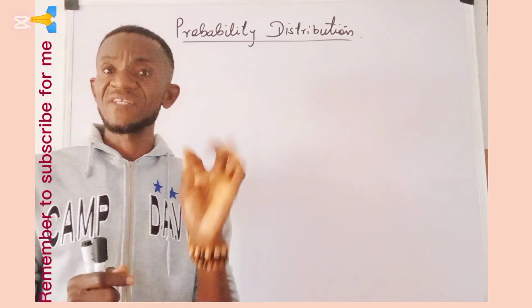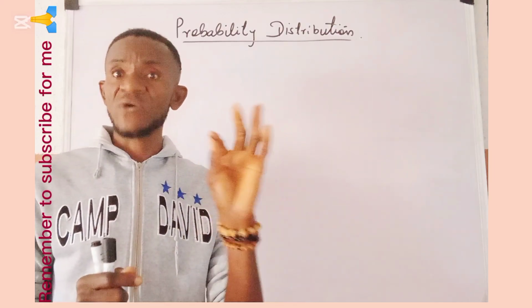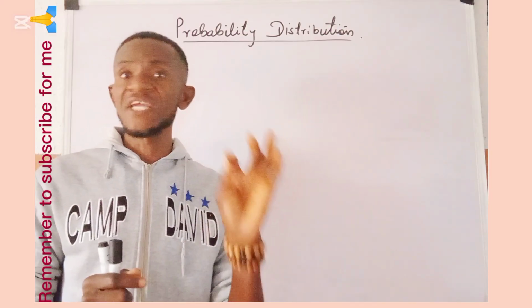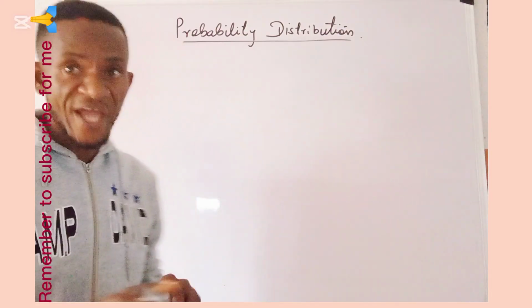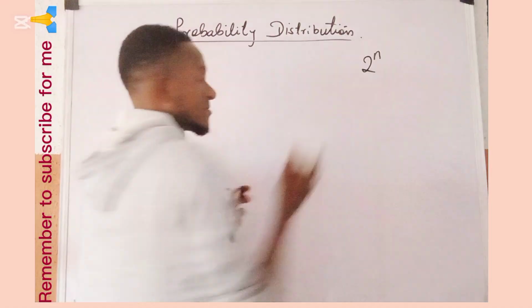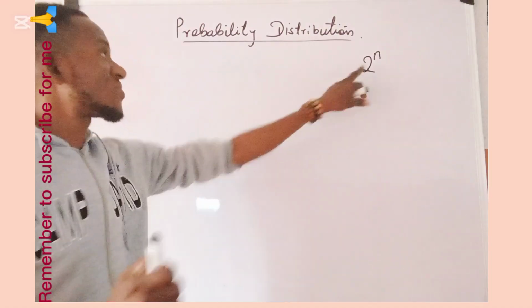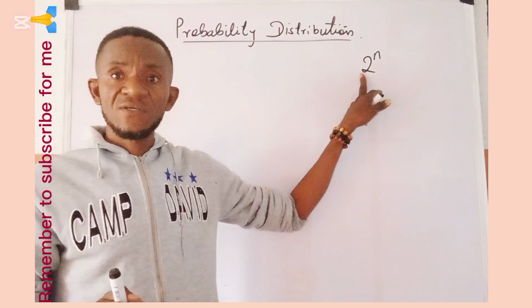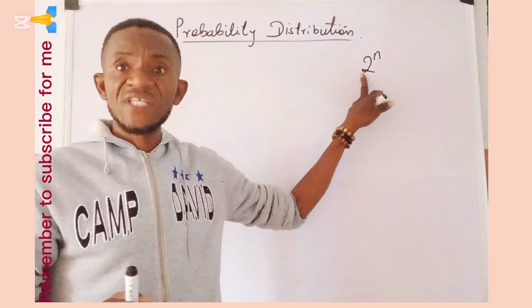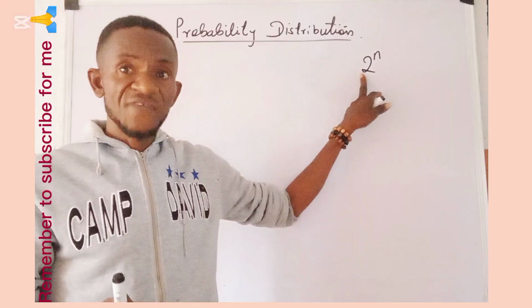To determine the number of elements in the sample space, we are going to use a known formula. That formula is 2 raised to power n, where this 2 stands for the number of faces of the item, and in this context, we are discussing a coin, and a coin has two faces.